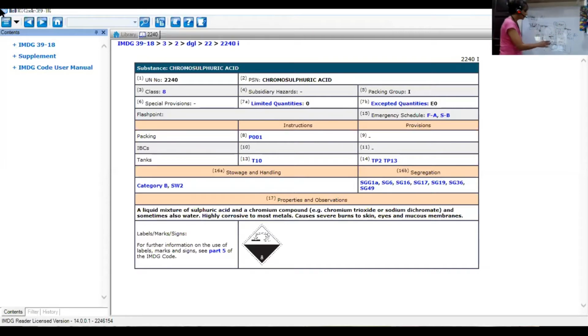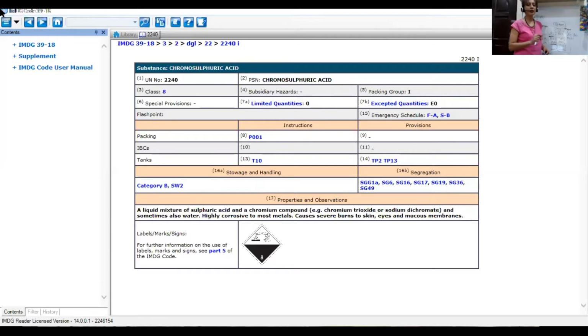If, for instance, I didn't have this product, that means I didn't have 2240. I just had 2241 and these 3 other UN numbers. So when I tell the drum manufacturer to send it for testing, this time I tell them, please test it for PG2 and 3.